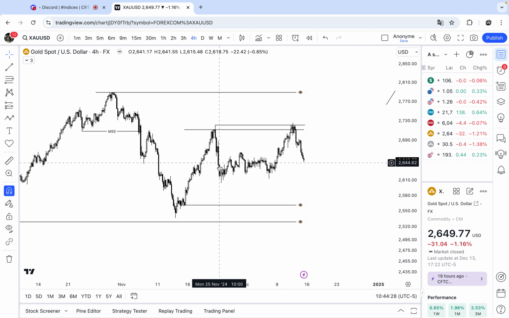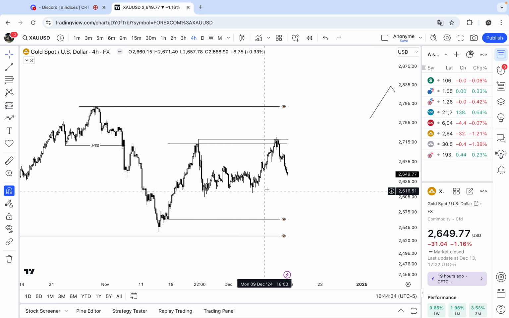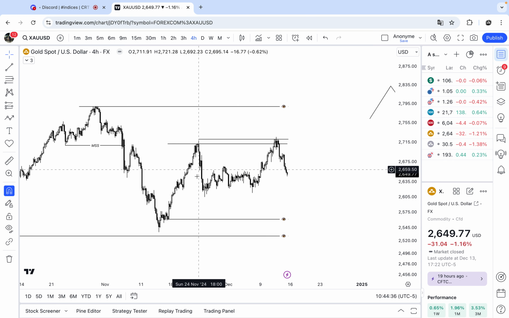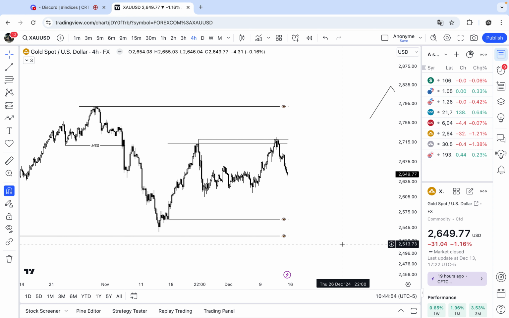So now price did this consolidation. That was the first week of December. So it was consolidation. This is where quarterly theory comes into play. By the way, you got accumulation, manipulation, distribution coming, right?